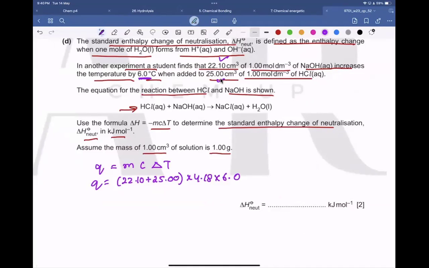No minus sign, because we are calculating only the magnitude. Okay, we have calculated Q. The value of Q is 1181.269, which means 1181.27 joules. Is this clear to all of you?